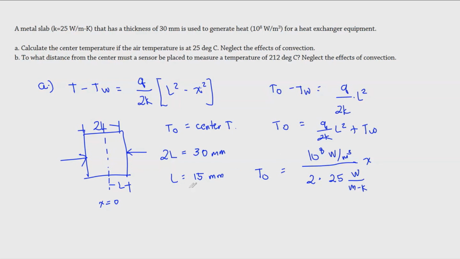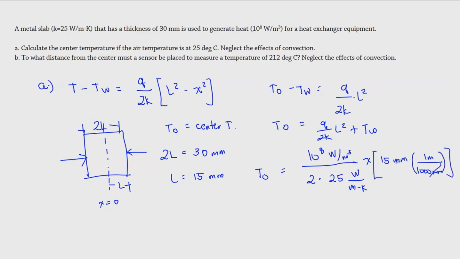We need to convert this to the MKS unit, so we have 15 mm multiplied by 1 meter over 1,000 mm.